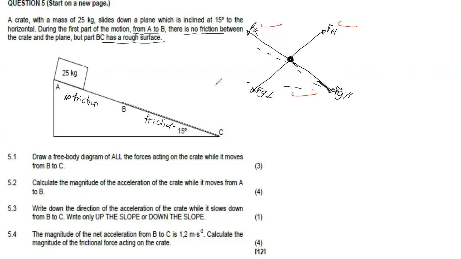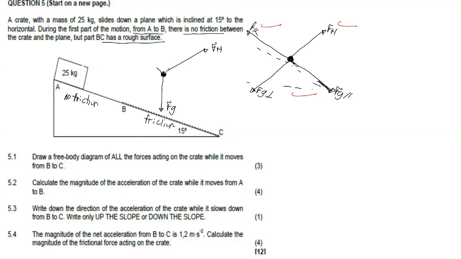But if you prefer to just draw the one that is not resolved, no problem with that. You just have to always remind yourself that the forces you'd have to show on your F net are these ones, the FG parallel and FG perpendicular. So always note that this can be resolved into components.